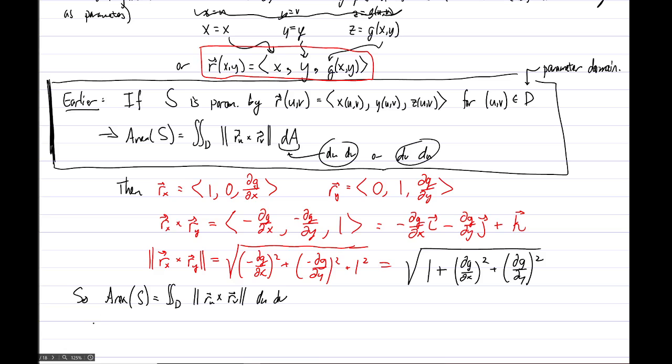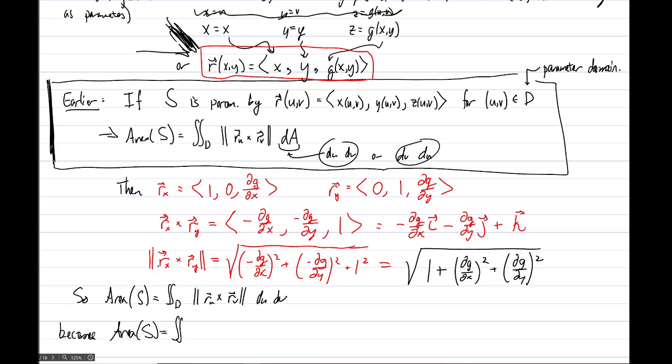We're trying to apply this in the special case where we parameterized using the variables x and y instead of u and v, and this worked out so nicely because we were parameterizing a special kind of surface. It was the graph of a function. So what we end up with is just a special case of this formula.